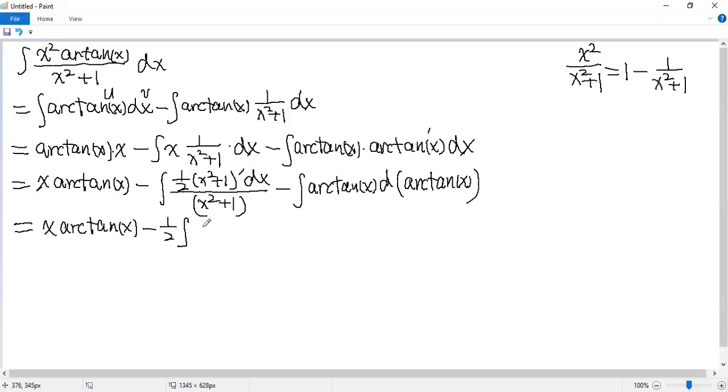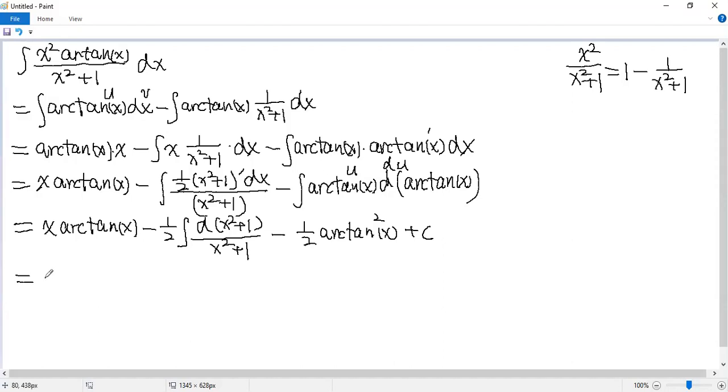The integral has the top written as d of x squared plus 1 over x squared plus 1. For the last term, we can view arctan x as u, so there is the integral of u du. We know the antiderivative is half u squared, which is arctan x squared plus c.